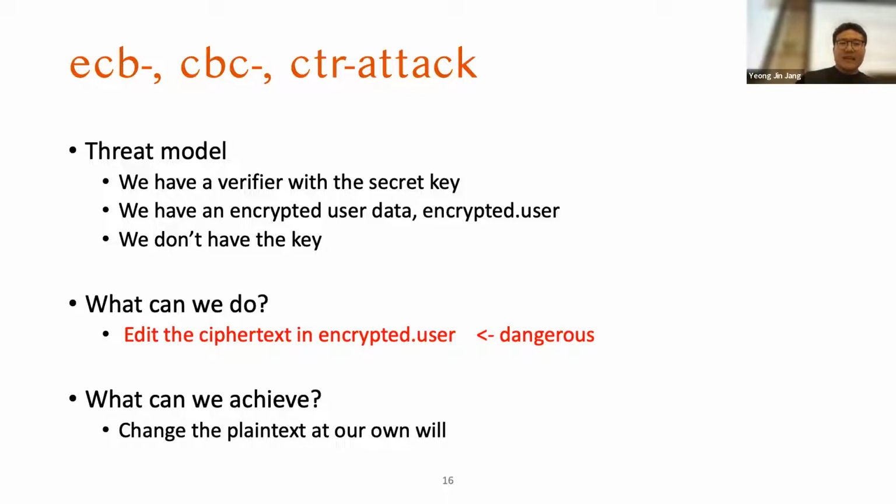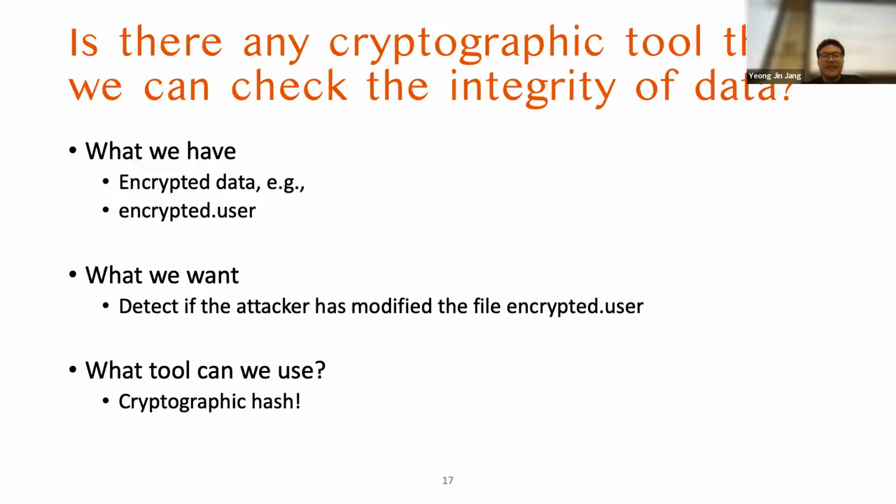Then can we block this kind of attempt? We cannot block the attempt itself, but is there any cryptographic tool that we can use to verify, at the time of using the ciphertext, that the data we encrypted and stored has not been changed?